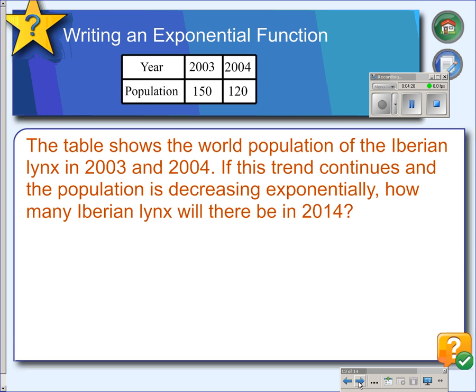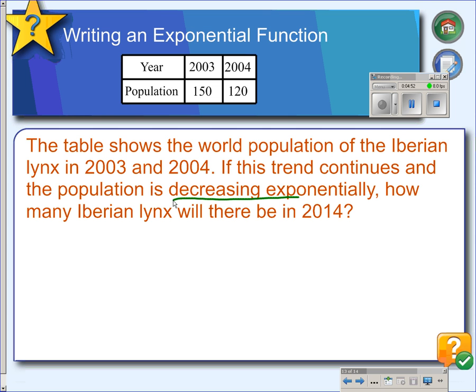So finally we have this example. The table shows the world population of the Iberian lynx in 2003 and 2004. If the trend continues and the population is decreasing exponentially, how many Iberian lynx will there be in 2014? Okay, so first thing we have to do is calculate our rate of decrease.